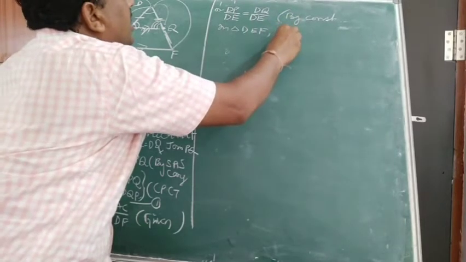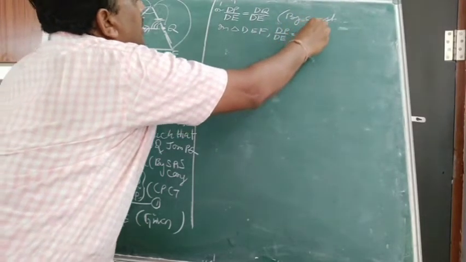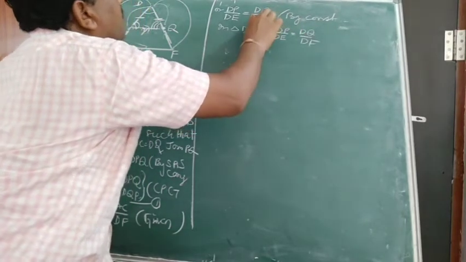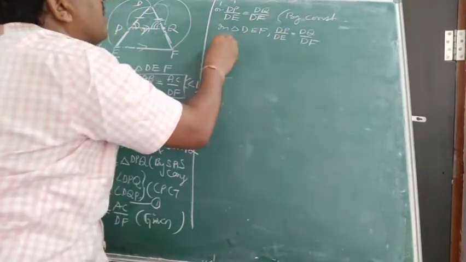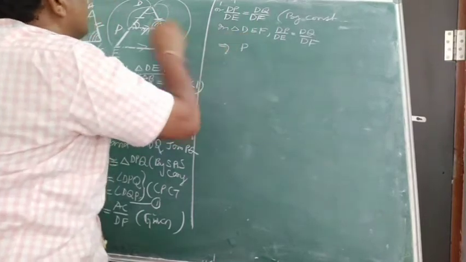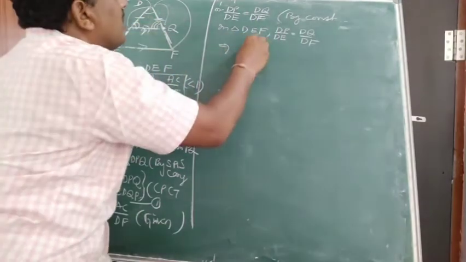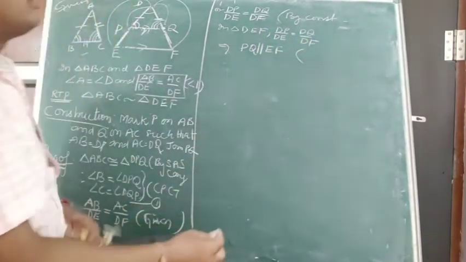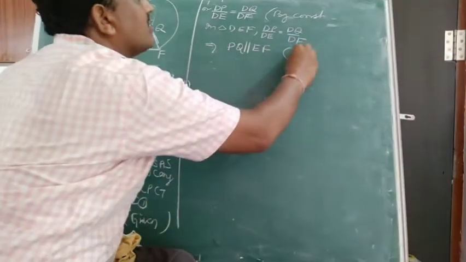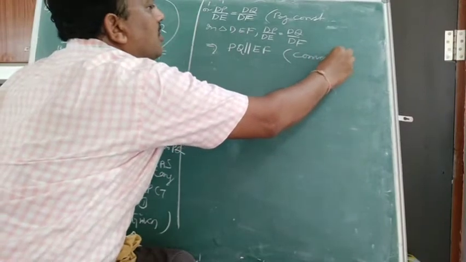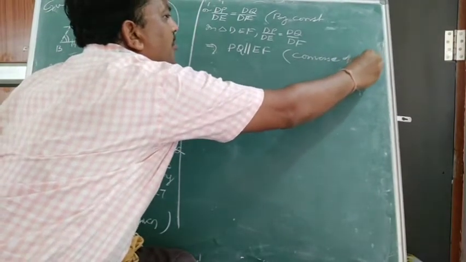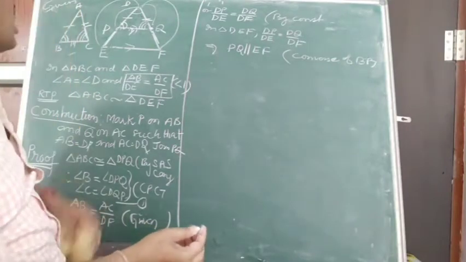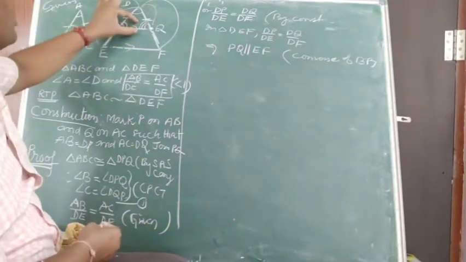DP by DE is equal to DQ by DF. This implies this line PQ is parallel to EF. How can you say, children? We can say because it's the converse of BPT.